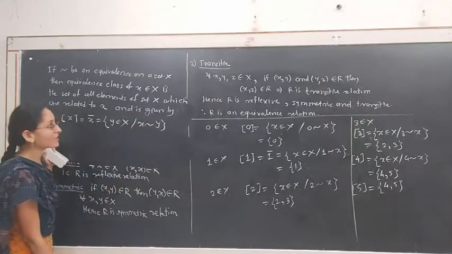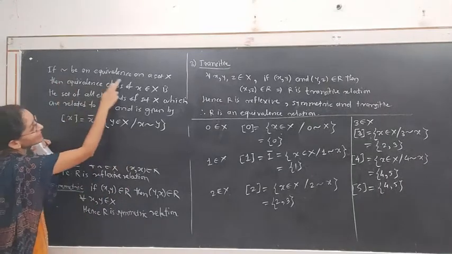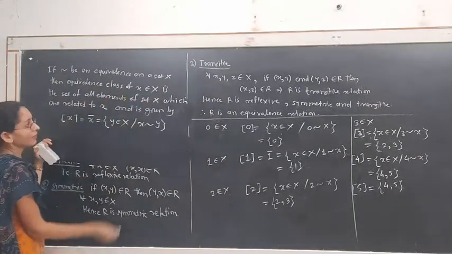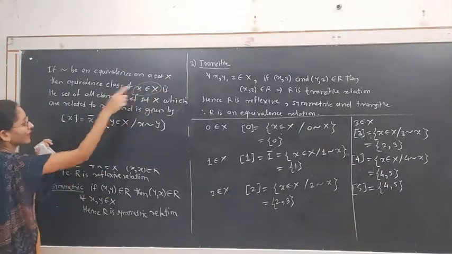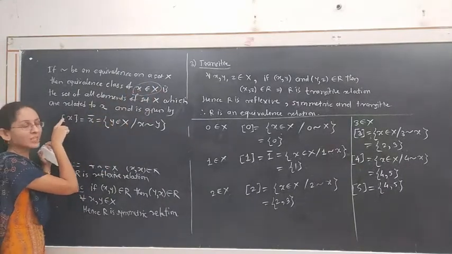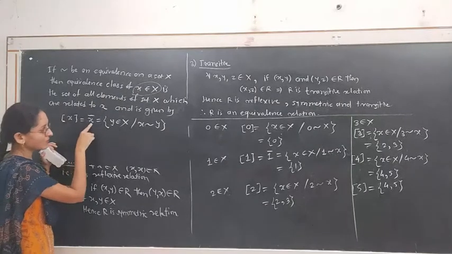What is meant by equivalence class? If this relation is an equivalence relation on set X, then for any X belongs to X, we are defining the equivalence class of X. It is denoted by square bracket X or X bar.